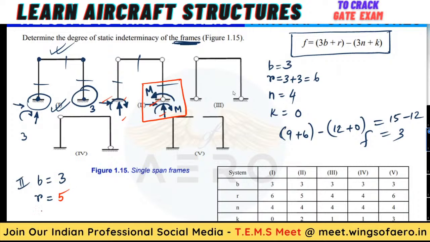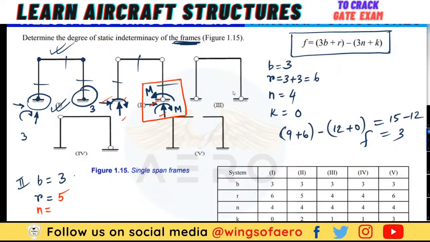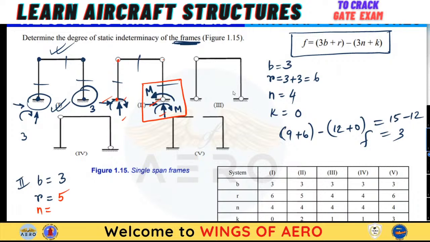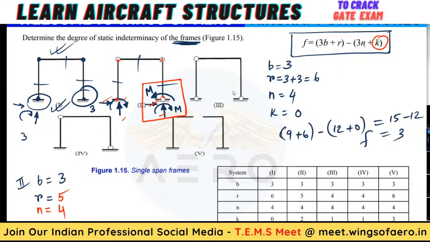Okay. Next, what will be the number of joints? 1, 2, 3, 4. Yes, 4. Then what we have? K. Now what is K? K, remember, is for the additional hinges.